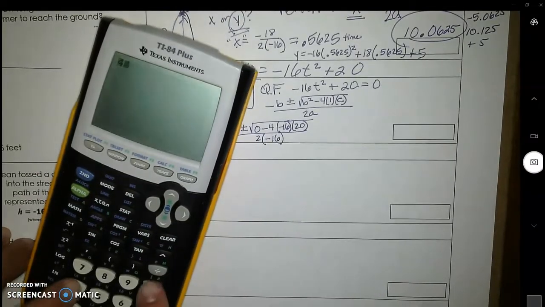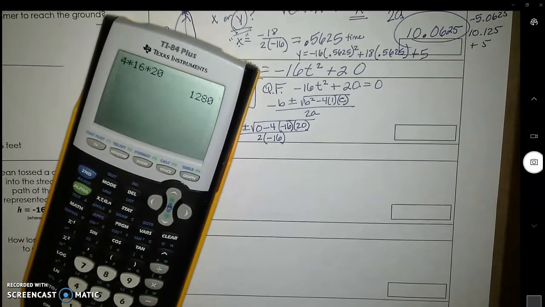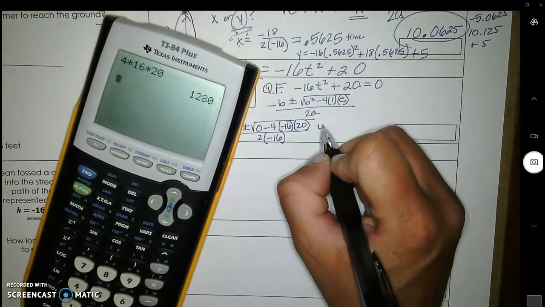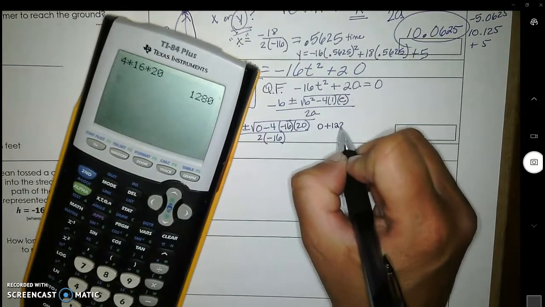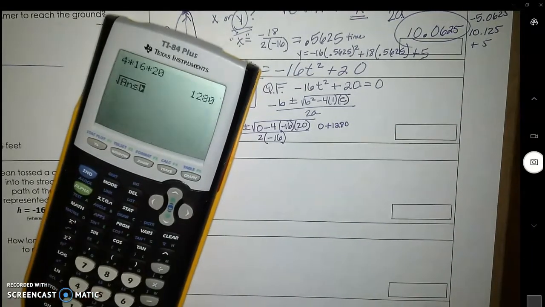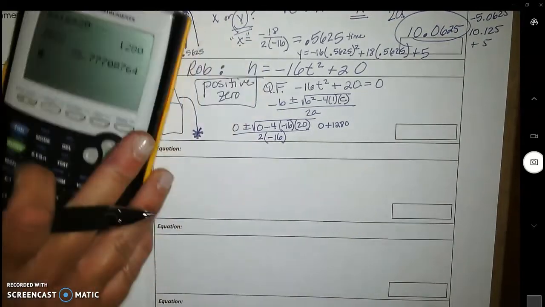All right, so 4 times 16 times 20 is 1280. And it looks like I have a minus and a minus. So I'm going to end up with 0 plus 1280. Well, now I have to square root that number, right? So let's do the square root of that, and we get 35.77.